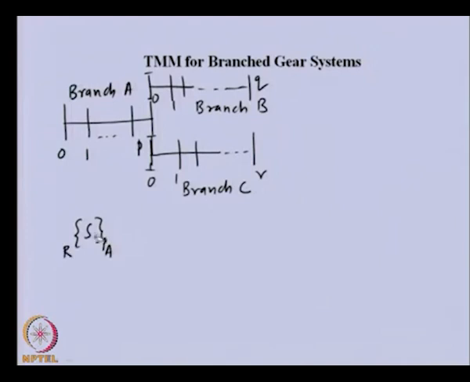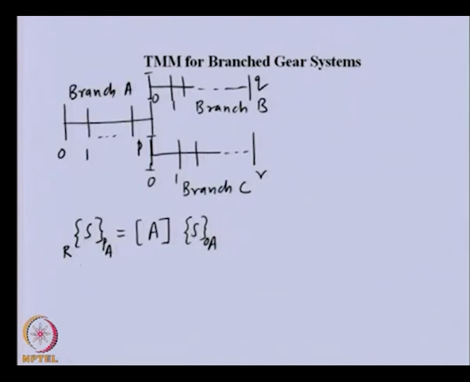So this particular state vector is the branch A, pth station, right side of this particular gear. We are relating this state vector with the state vector at 0 station, and let us say the overall transfer matrix for this is A. This is the state vector at 0 station of branch A. So basically this equation is representing the whole branch A.